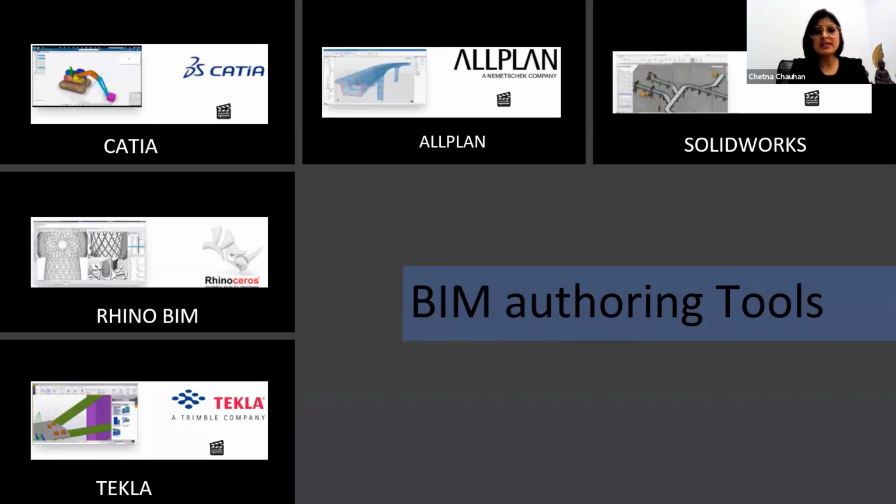It all depends. More or less, the basics of each one of these are the same: you create a 3D model, and when you create that 3D model, you're building some kind of information in it. The purpose of that information is that at some stage of the project, I can leverage it and do what is required at that stage.